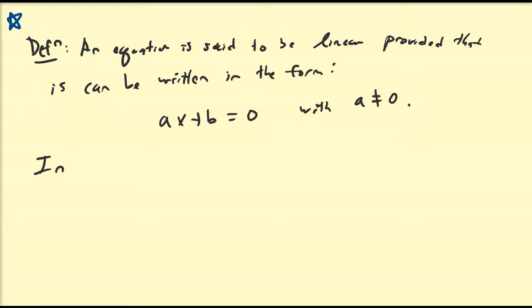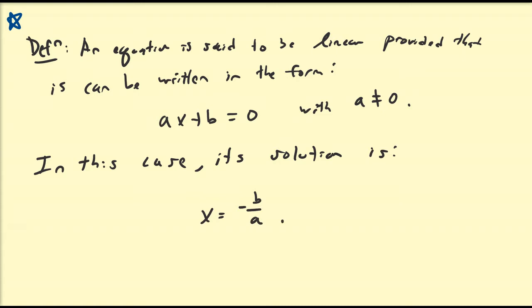In this case, its solution is x is equal to negative b over a.